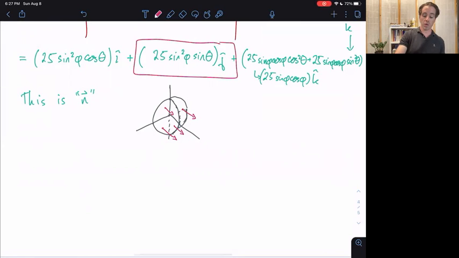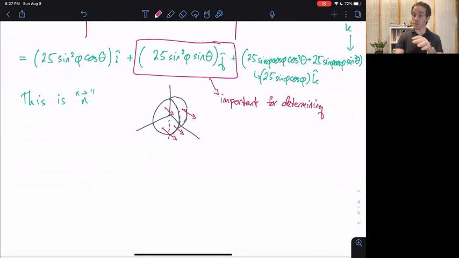That means that this right here is going to be the important one for determining orientation. Now, why is it important? Why am I circling that one specifically? It's because it is the j component.